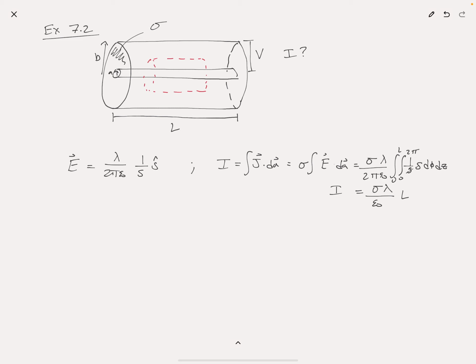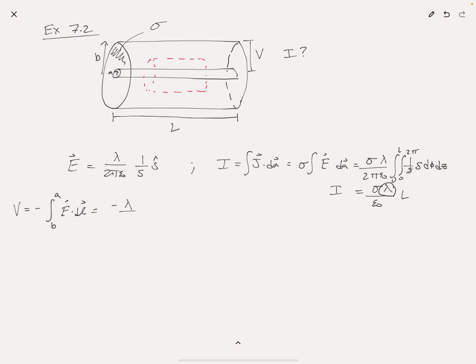Great. But that expression has lambda in it. Okay, I'm going to try to do something else to get rid of that so I can have a nice cleaner expression. The thing we haven't used so far is the fact that we have a potential difference across our two surfaces. So my potential difference can be written as minus the integral of E dot dl, going from the outer surface to the inner surface.